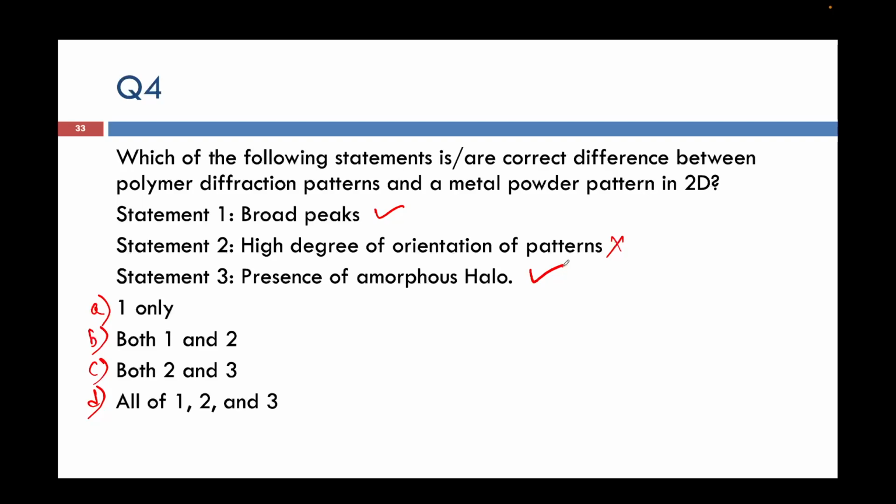Oh no, the answer is written, but the option is not there. 2 and 3. High degree of orientation is for metal powder. So maybe considering this, the option would be D, but right now there is no such option, so you have to write 1 and 3. These are the correct options. Because if we are talking about high degree of orientation, then we are talking about crystallinity, and in a polymer the crystallinity is poor.